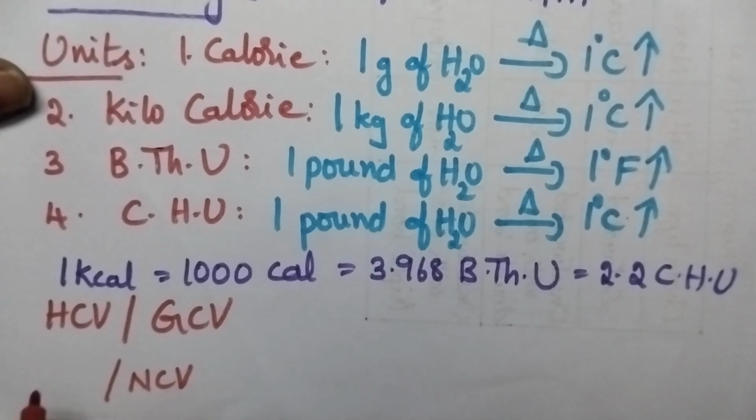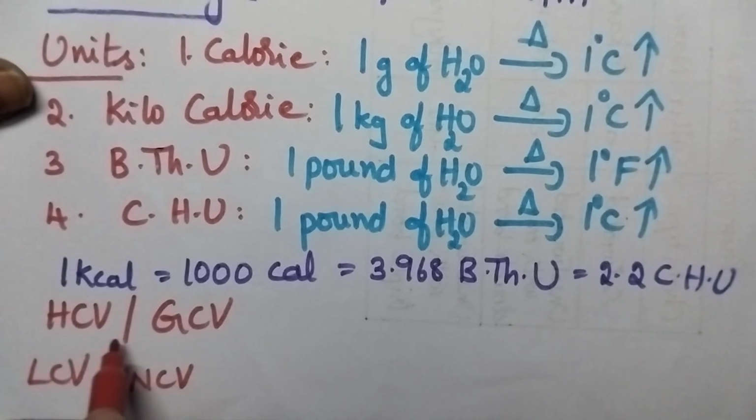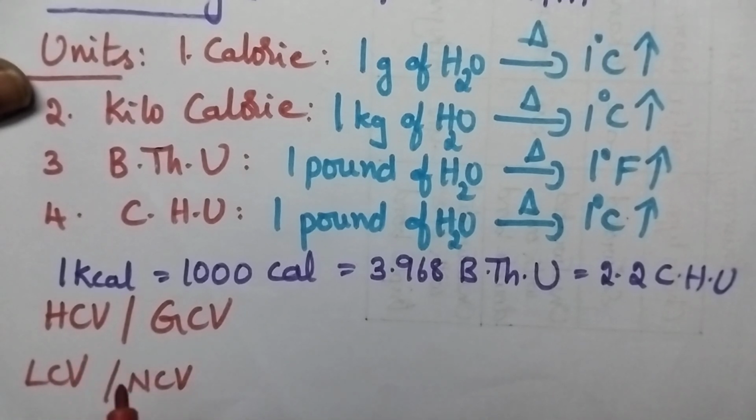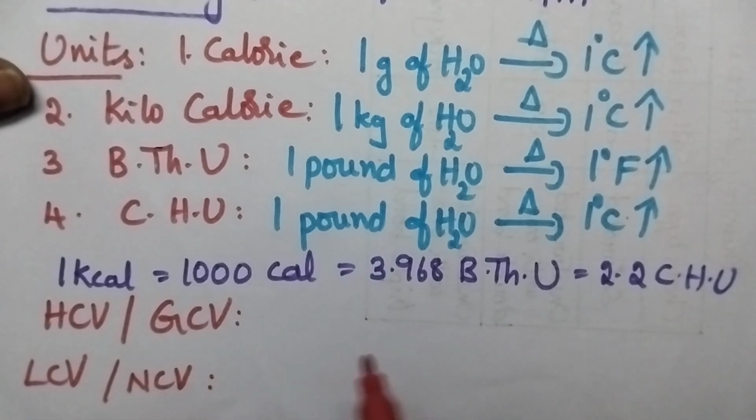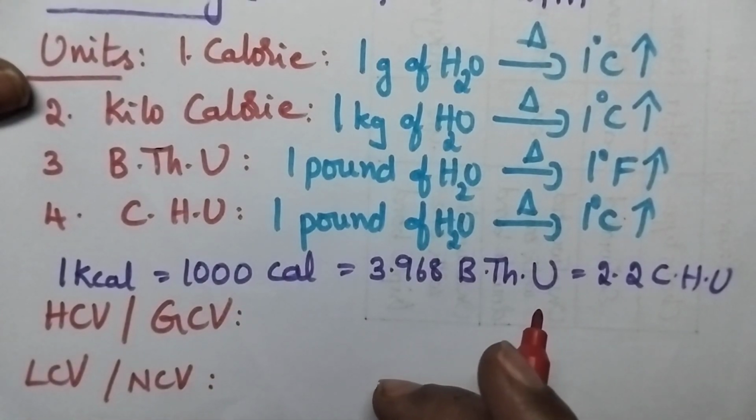So, higher calorific value means the gaseous products like water vapor are condensed to room temperature, and hence the total heat energy is called higher calorific value.